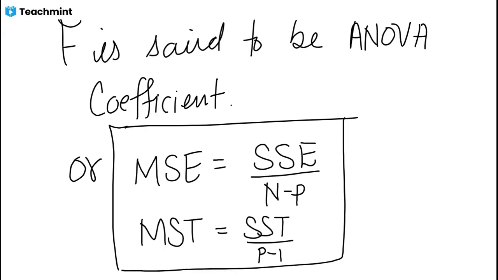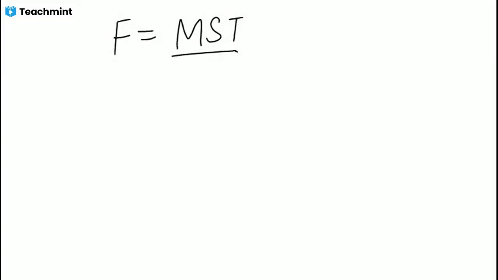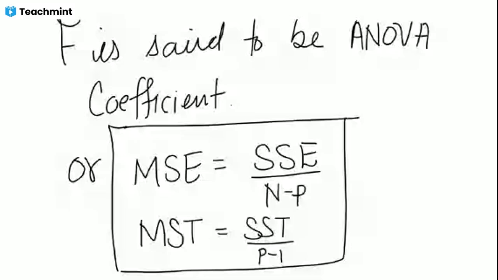Because F is, as we have done, F is equal to MST, mean square total, over MSE, mean square error. And we can find MST and MSE by using these formulas.